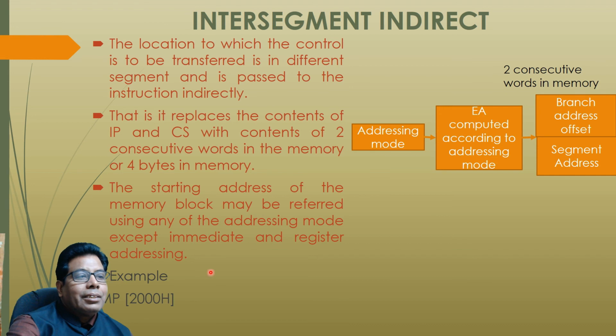So if you are taking DS as 5000, so 52000, so 52000, 01, 02 and 03. So the contents of these 4 locations will be taken and then that will be given to the CS and IP. So CS and IP, and whatever address comes out, the jump will take place to that place. So that is how the inter-segment indirect addressing works.